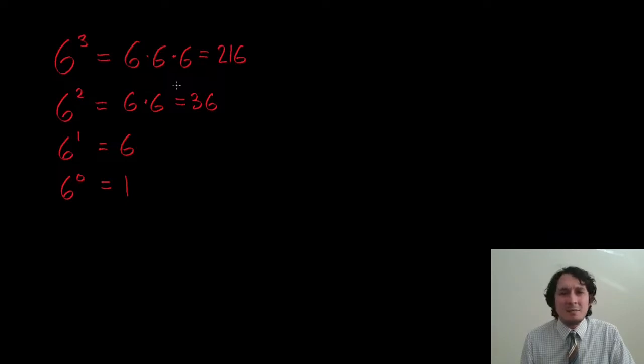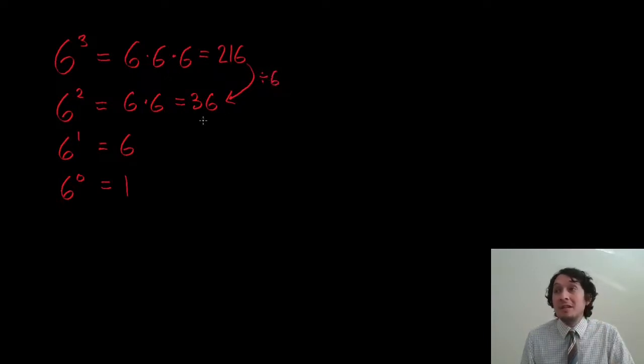This can seem strange and a little confusing, but imagine it this way. Every time you go down in number, say from 3 to 2, here's another way that you can look at it. To get from 216 to 36, you would divide by 6.